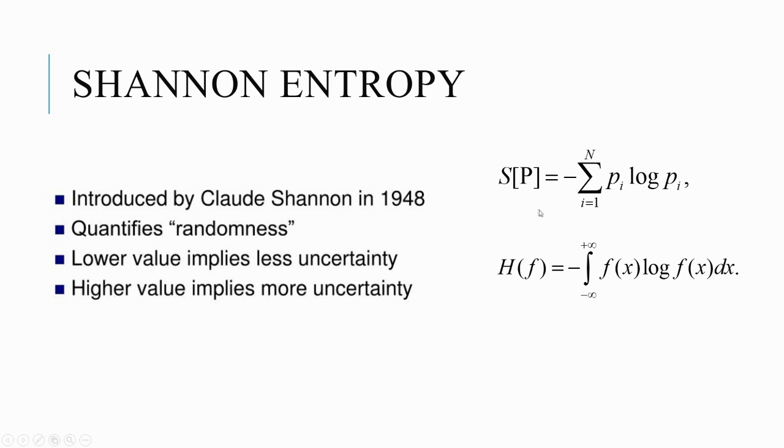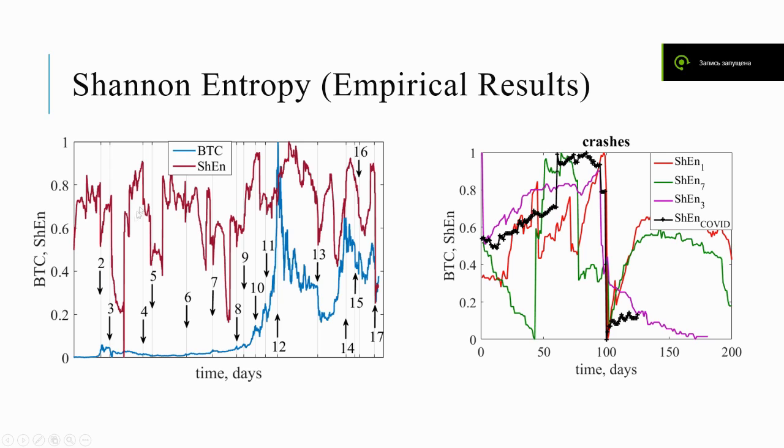Here we have formulas for the discrete values of our time series, and for continuous values of our system. So, as you can see, in this case, Shannon entropy is definitely an indicator of the corresponding crash or critical event.